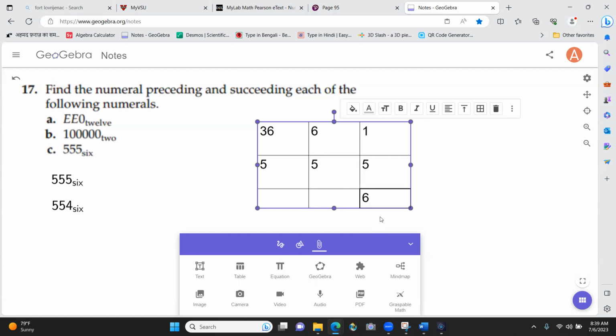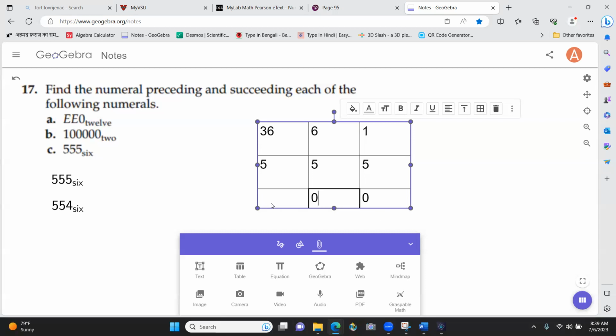Well, that's a problem, guys. I can't have 6 loose ones. So I'm going to say, okay, fine. I'm going to trade that with a stick of 6. So that will make this column go up. Well, I can't have 6 sticks. So what am I going to do? I am going to trade it for a slab of 36.